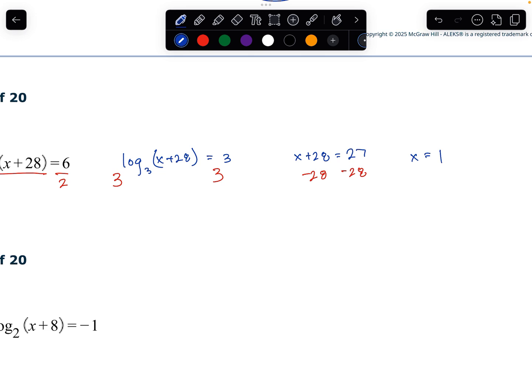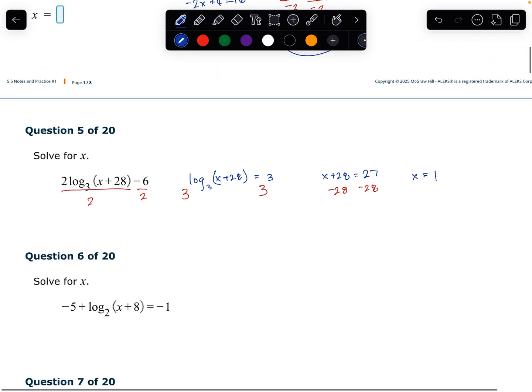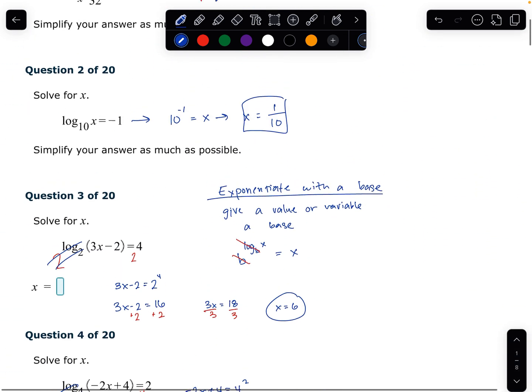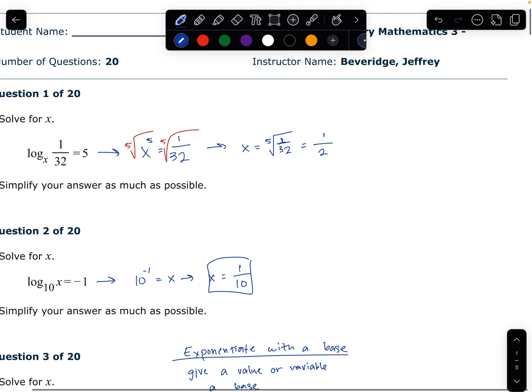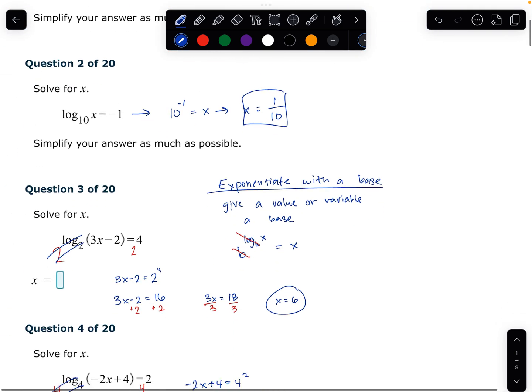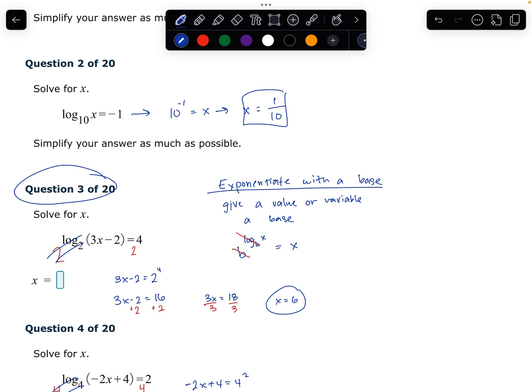Now, I probably should take a little bit of a pause here and mention that as you solve logarithms, I probably should have mentioned this probably when we got to question 3. Whenever you solve logarithms, logarithms have a very similar characteristic to square root functions.